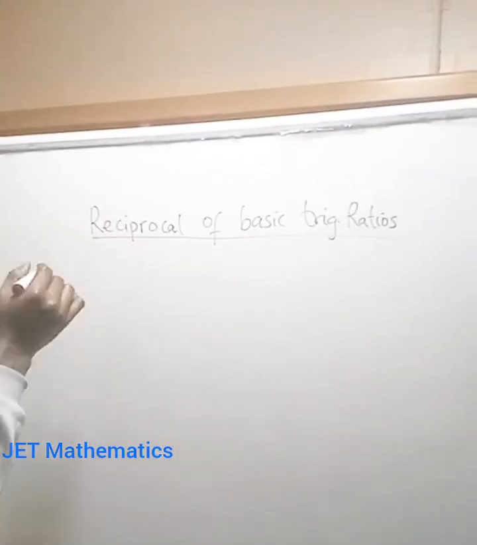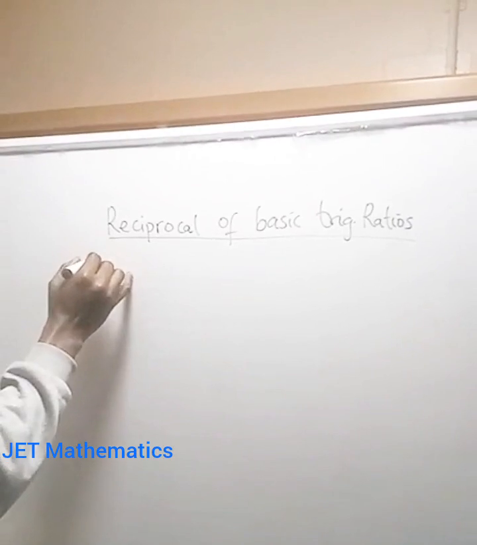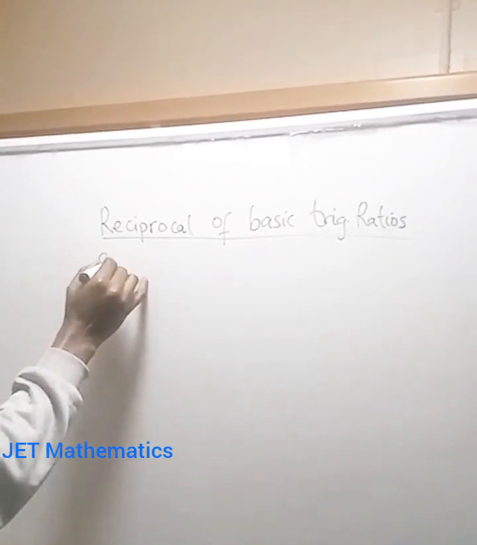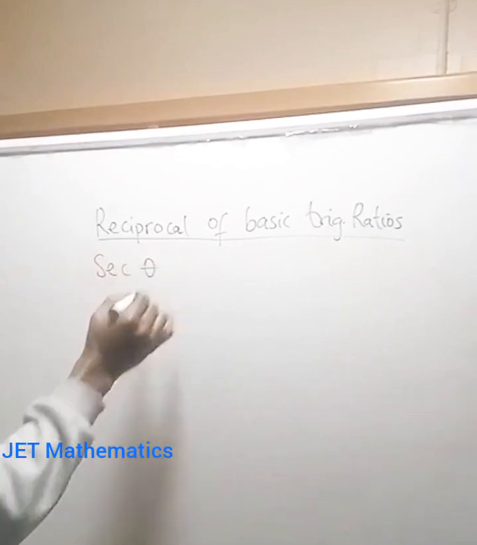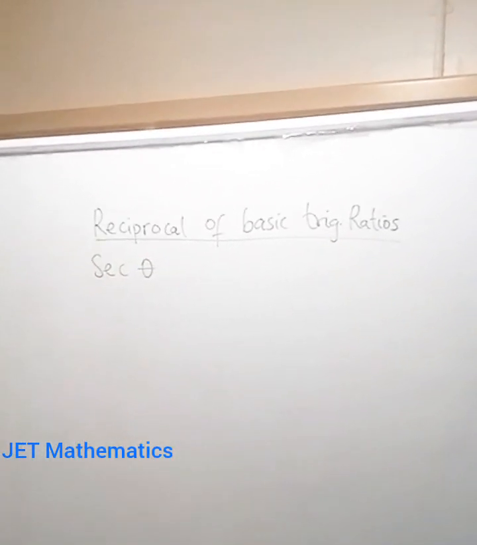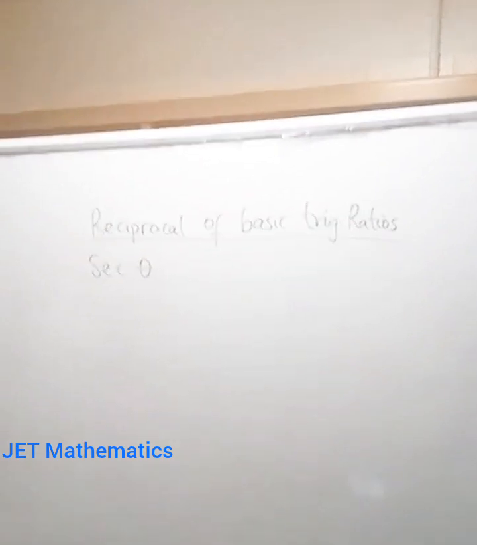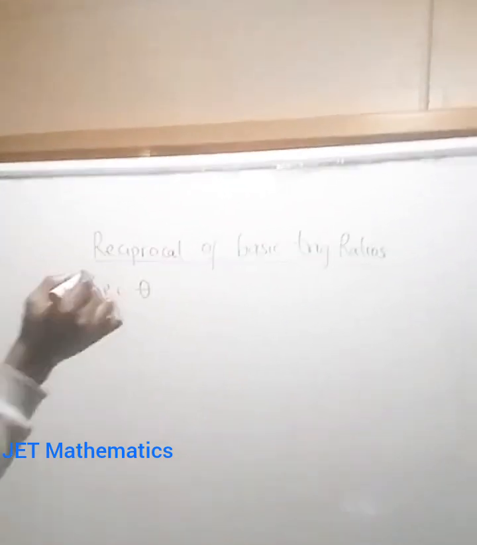There are also three. The first I want to look at is the secant of angles. We are still looking at the three angles.